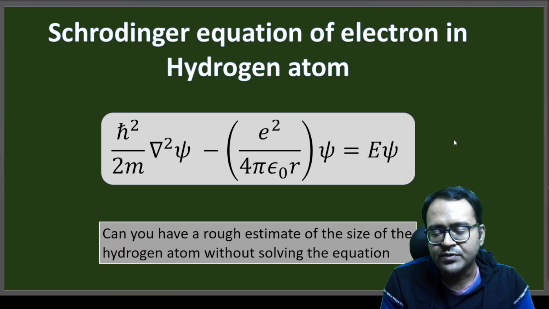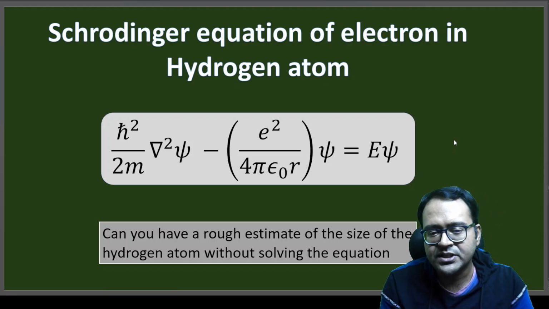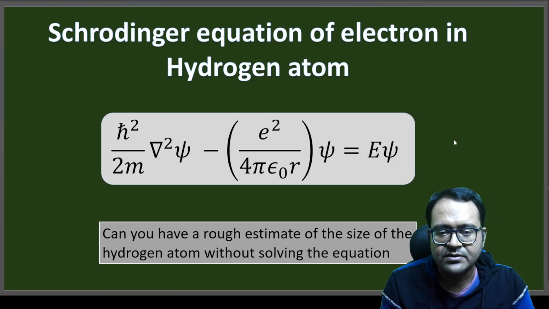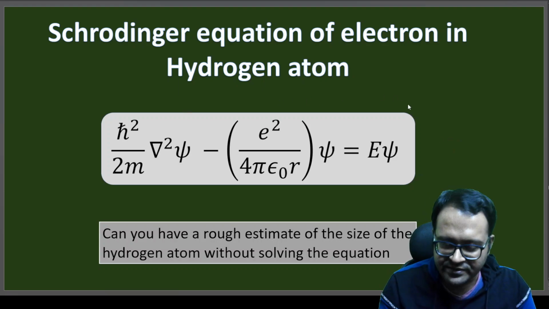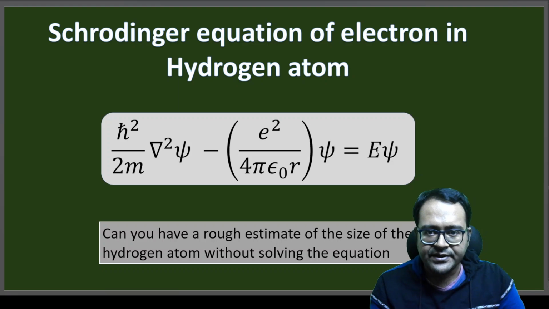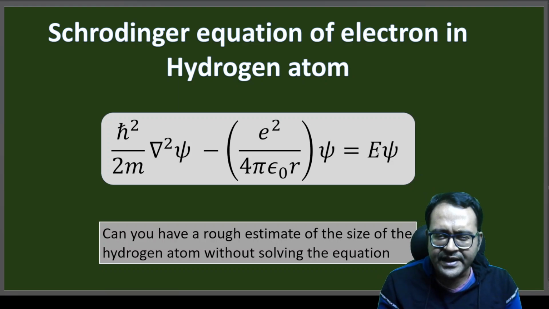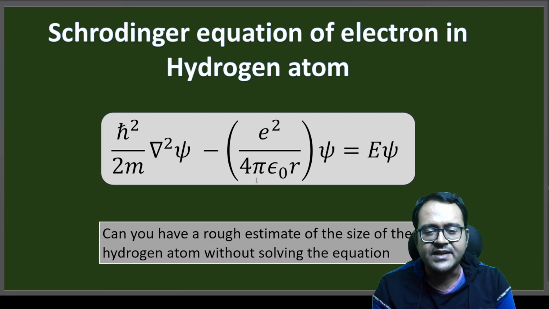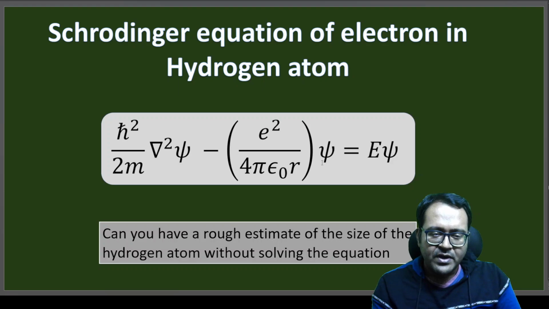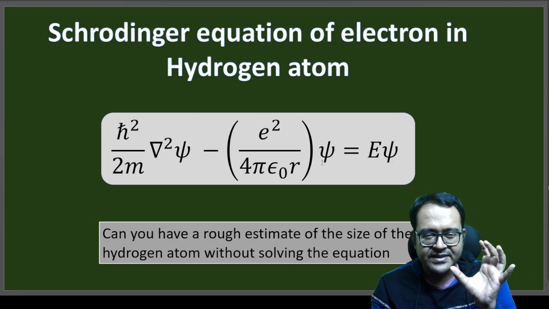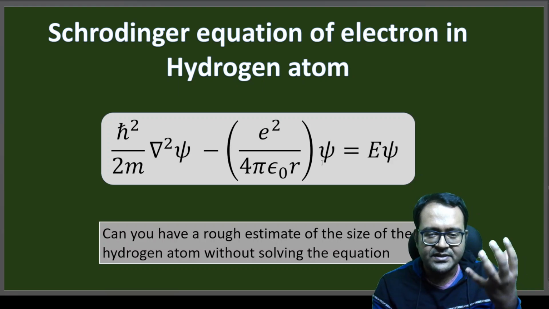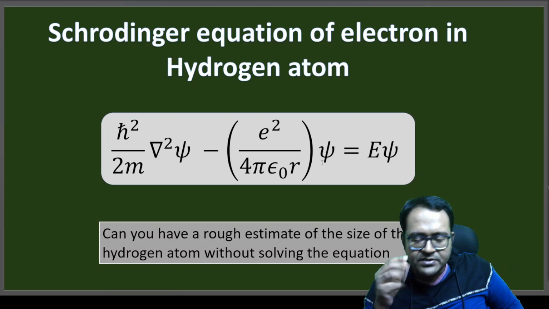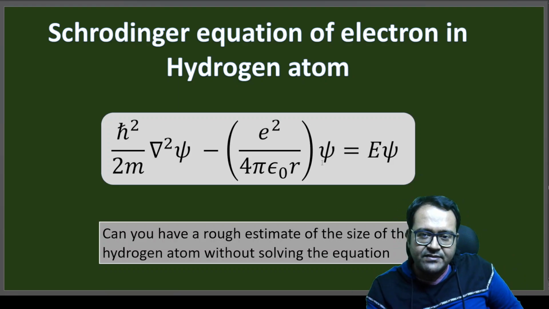Just looking at that equation, and without solving it, can you have a rough estimate of the size of the hydrogen atom? This is an equation the electron will follow, and as an elementary idea, you can say that the electron has a circular type of path because of this potential. So what could be an elementary estimate of that electron radius? Can you do it just by looking at the equation itself?